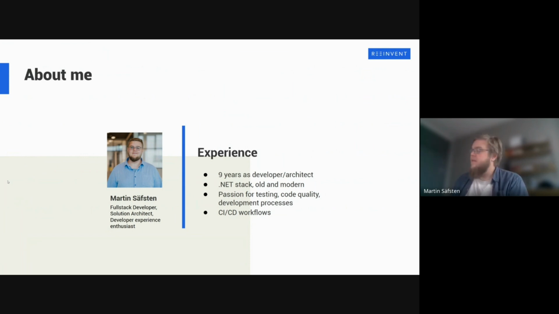And the past 2 years, I've been leaning towards more interest in architecture and also developer experience. And when I say developer experience, I mean automated processes, testing, and code quality checking.